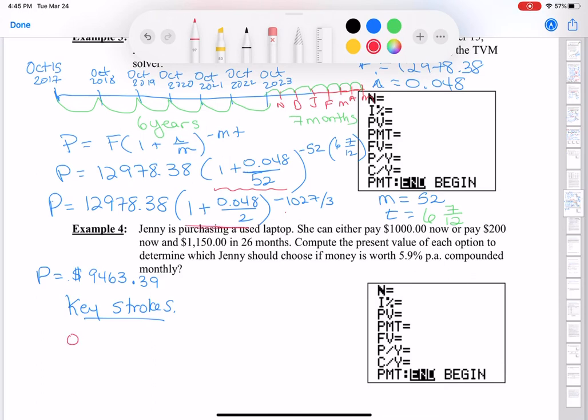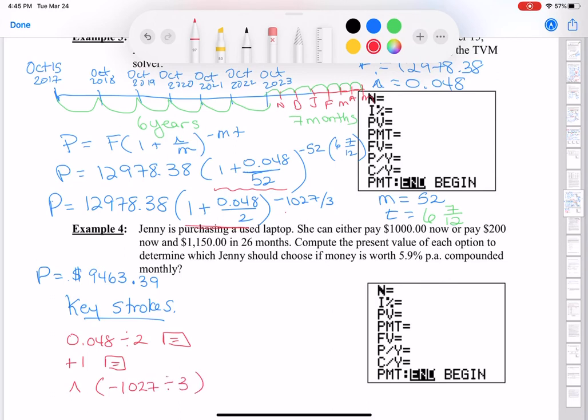So I went 0.048 divided by 52, and then I pressed equals, and plus 1, and I pressed equals, and then I did to the exponent bracket negative 1027 divided by 3.